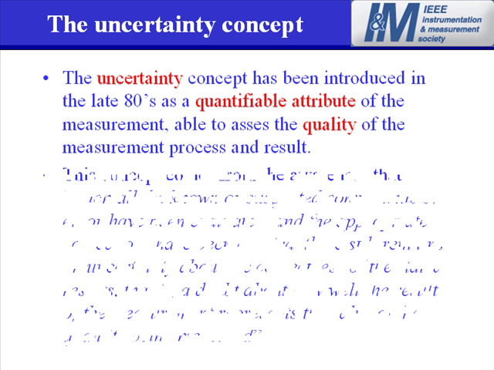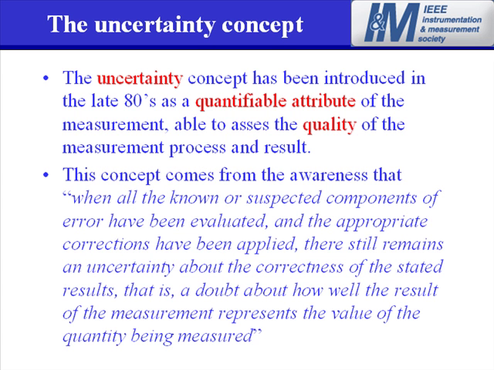As you can see in this slide, this concept has been introduced because of the awareness that when all the known or suspected components of error have been evaluated and the appropriate corrections have been applied, there still remains an uncertainty about the correctness of the stated results. That is, a doubt about how well the result of the measurement represents the value of the quantity being measured.